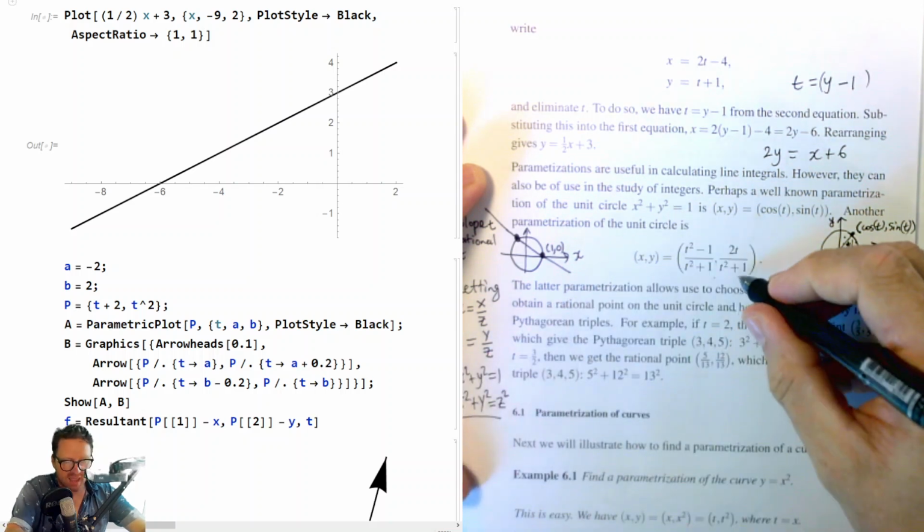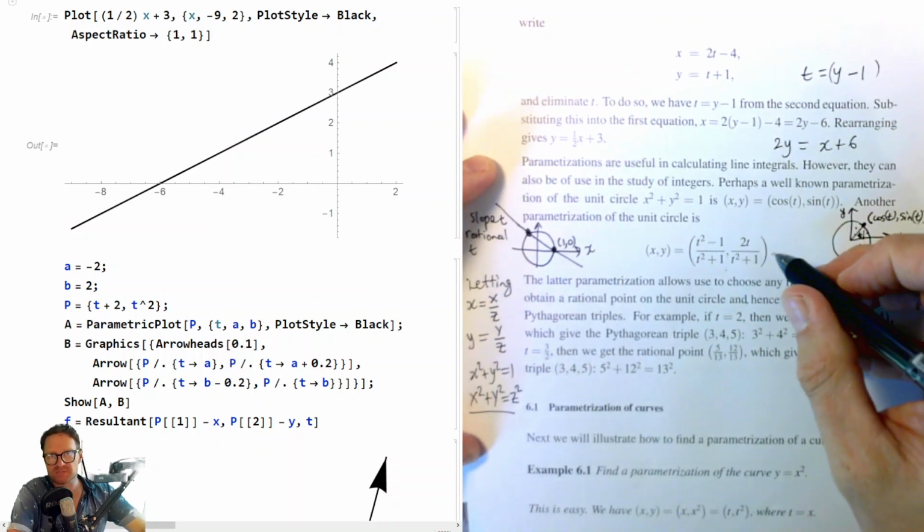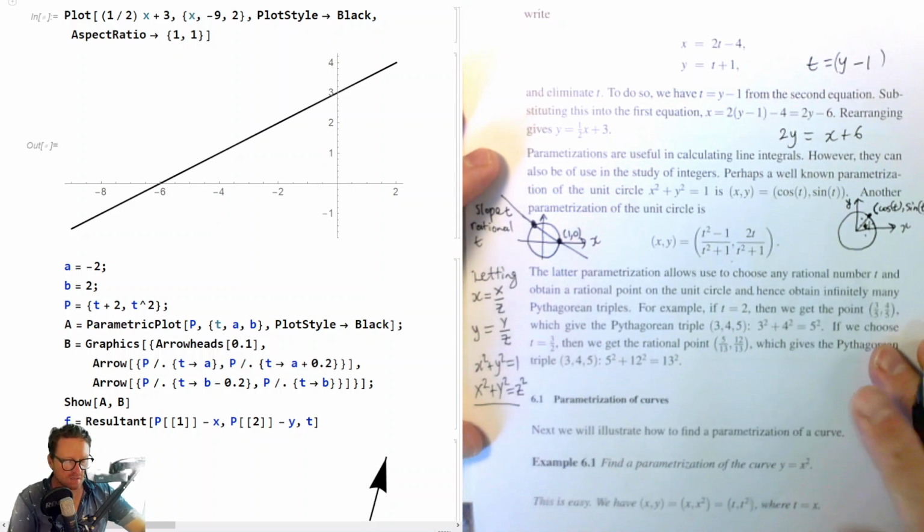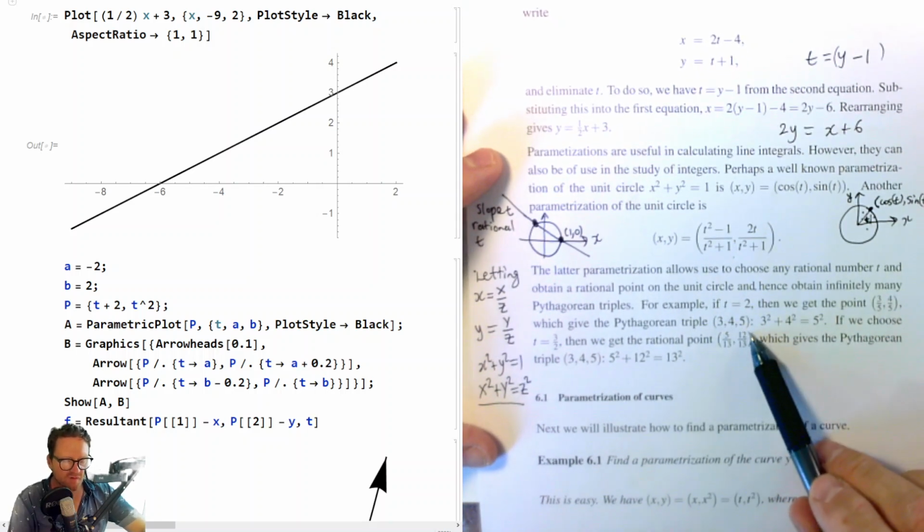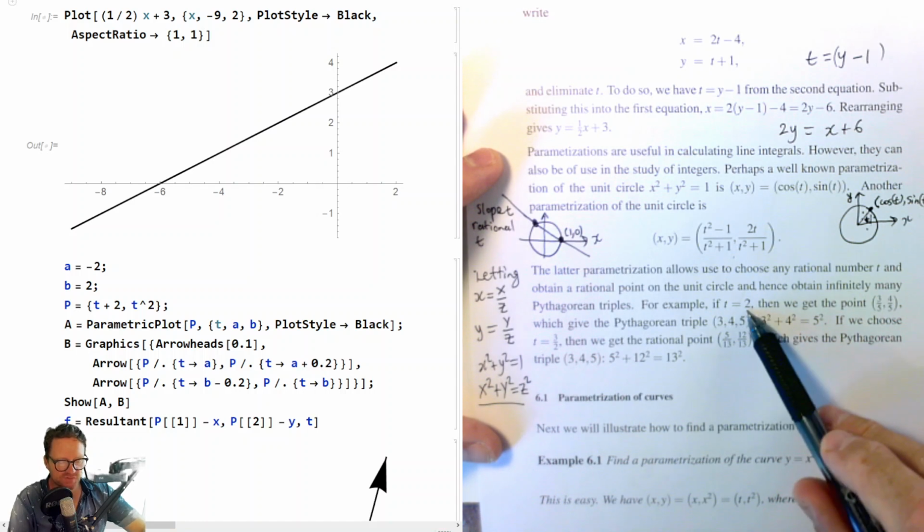And so this actually gives you Pythagorean triples. For example, 3, 4, 5 is produced from the parameter t equals 2.